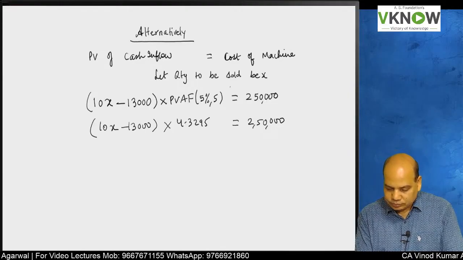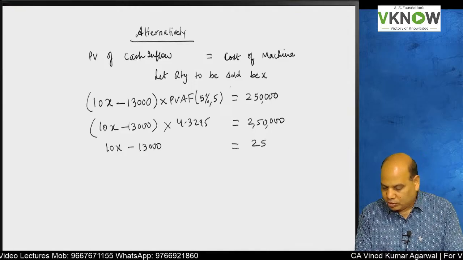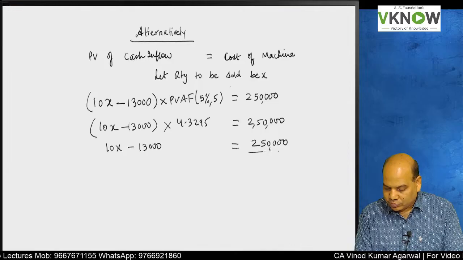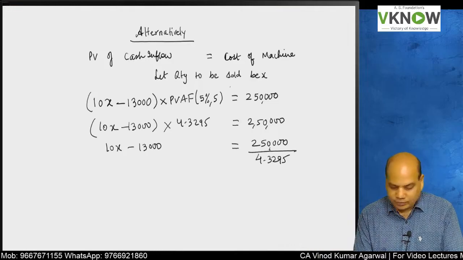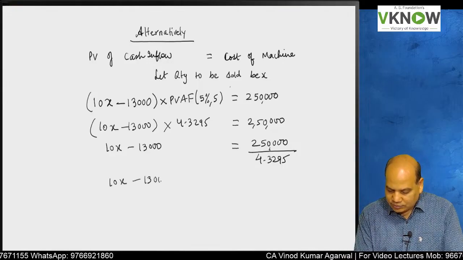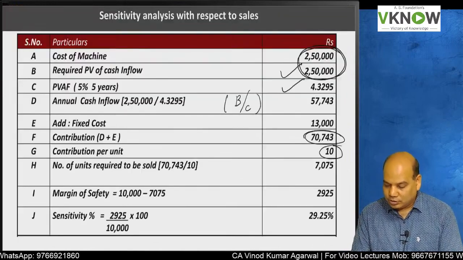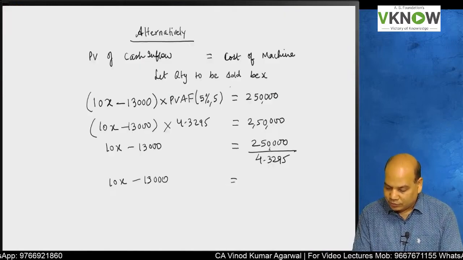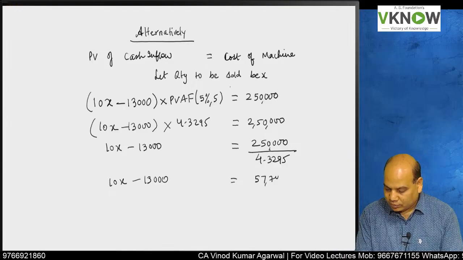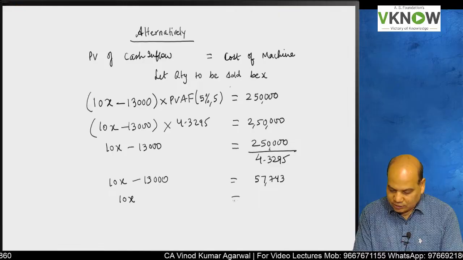Which means 10x minus 13,000 will be 2,50,000 divided by 4.3295, which means 10x minus 13,000 is equal to 57,743.